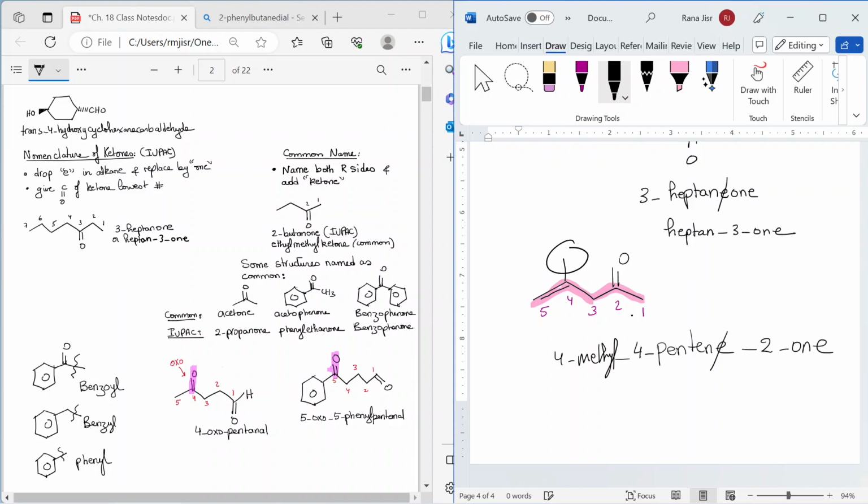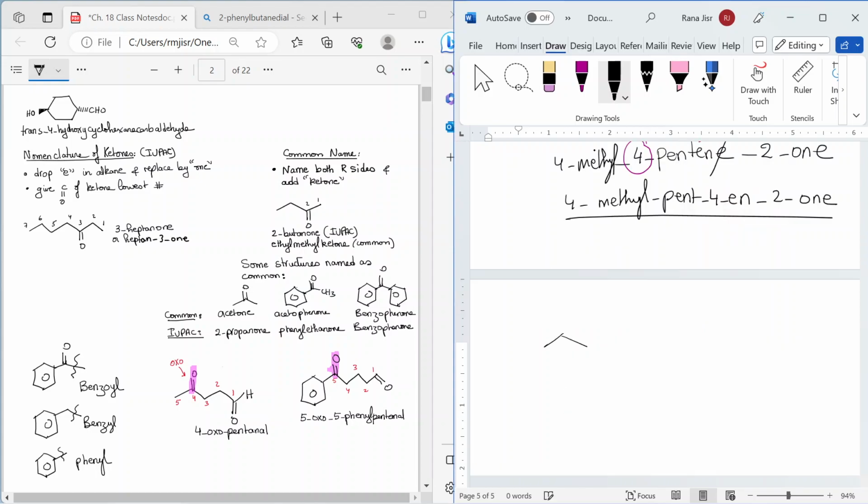Don't forget your substituent, 4-methylpent-4-en-2-one. You can also take the 4 and put it before the EN, and the name is going to be 4-methylpent-4-en-2-one.